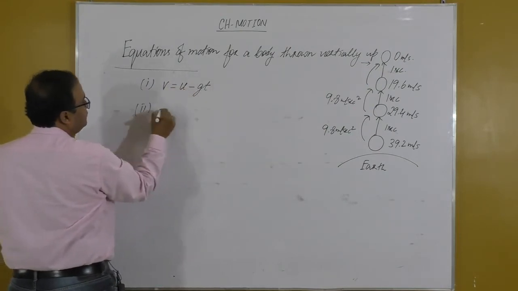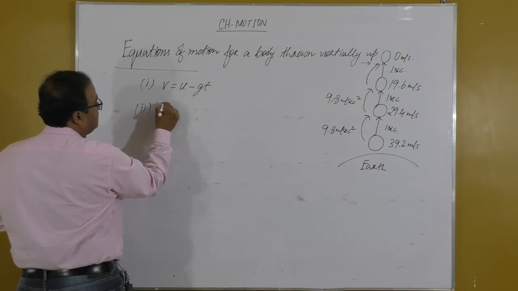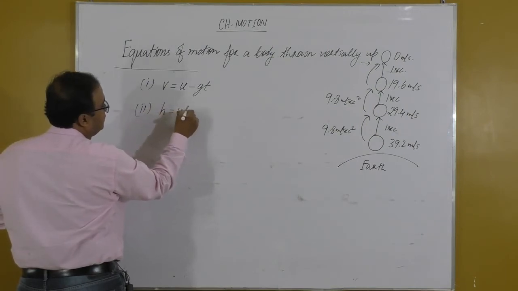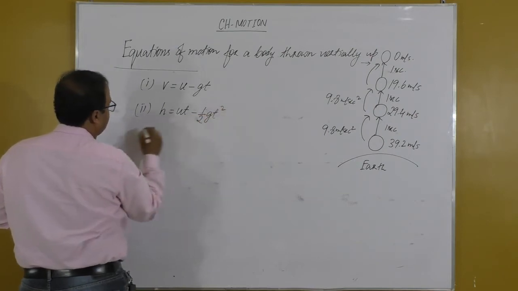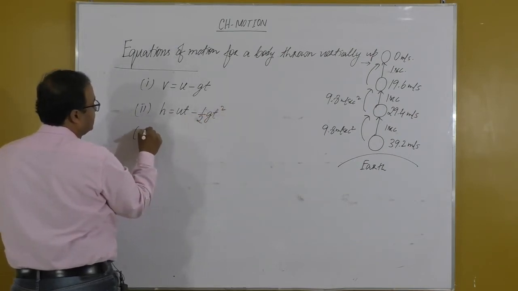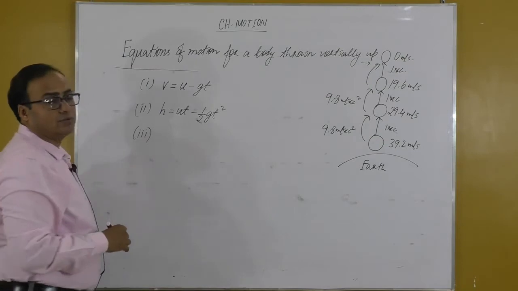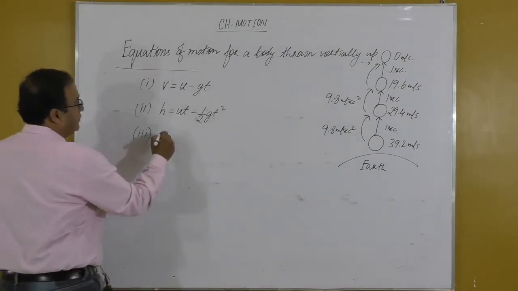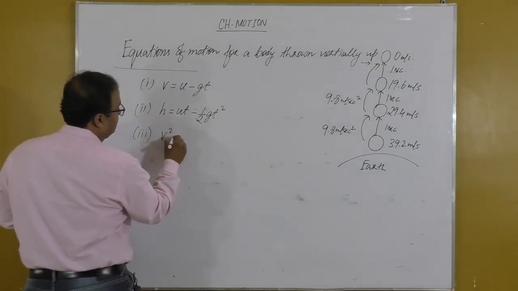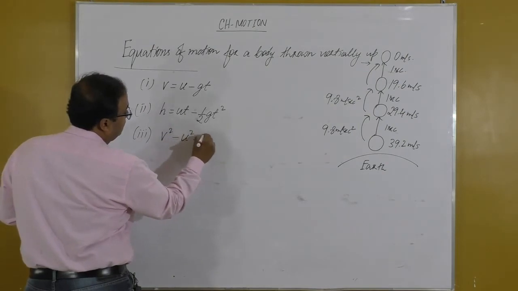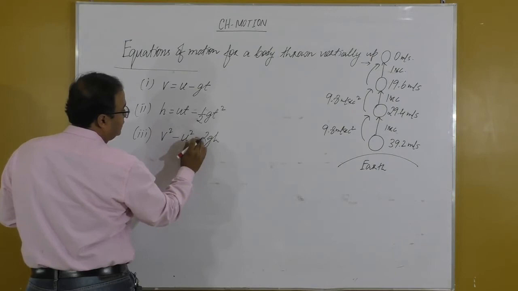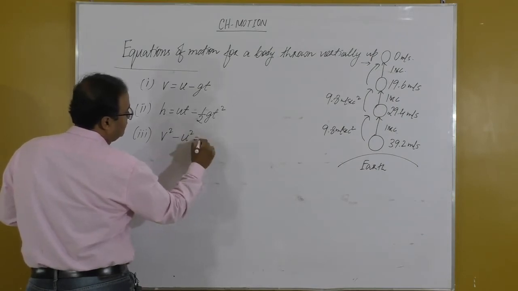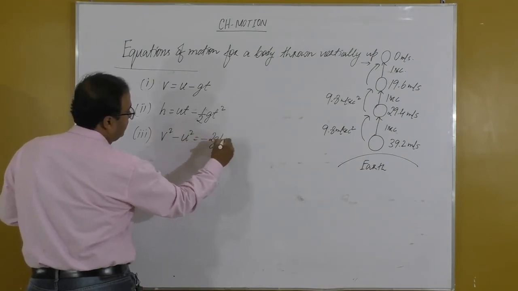Second one is h equals to ut minus half gt square, and the third equation that we know, v square minus u square equals to 2gh. Here for g we have to use negative sign, so we can write minus 2gh.